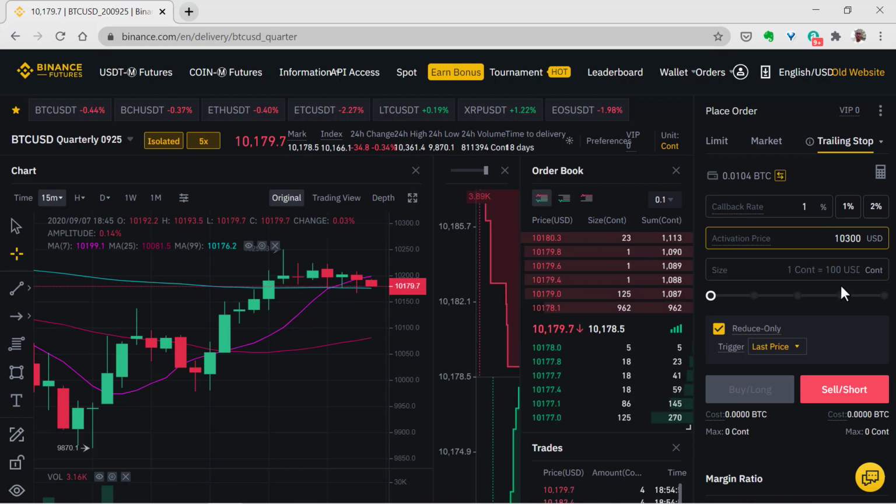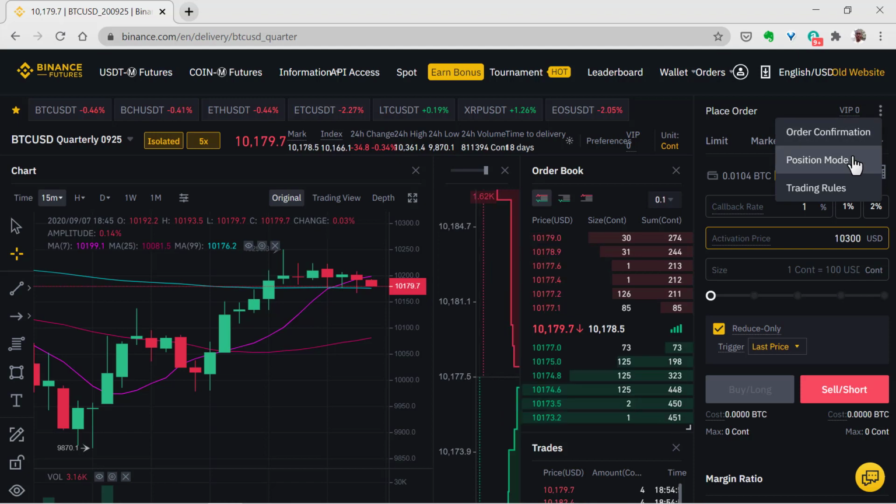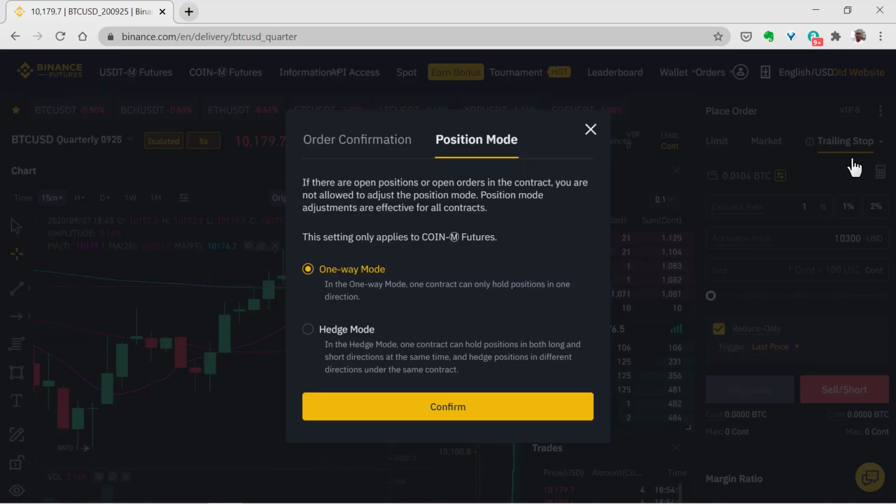On the auto panel, we also have what we call position mode. This is for traders who want to be able to go either long or short at the same time. So we have two modes. We have one-way mode, where you can only hold one direction positions.